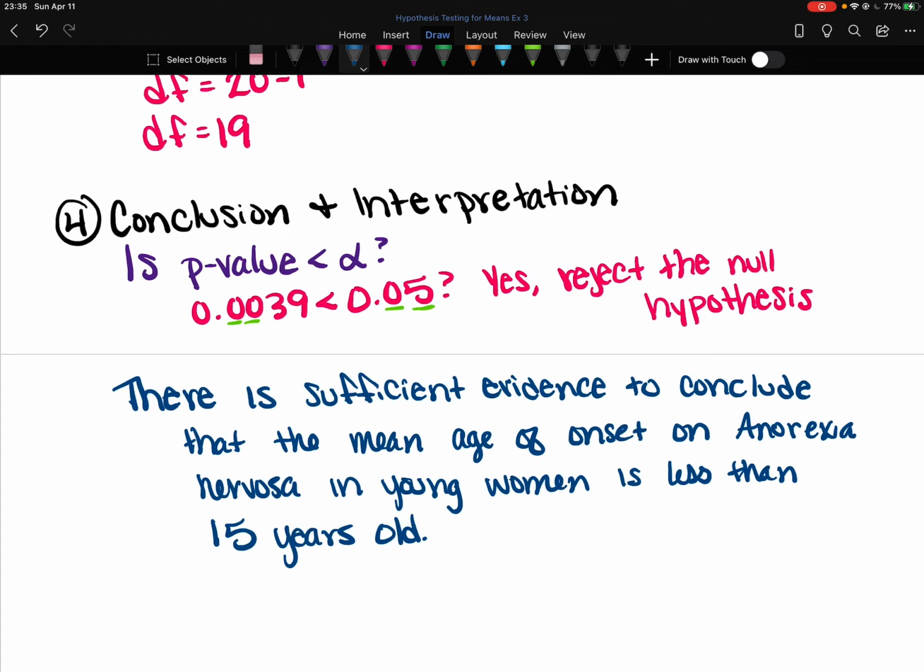So we can conclude that the mean age is less than 15 years old.